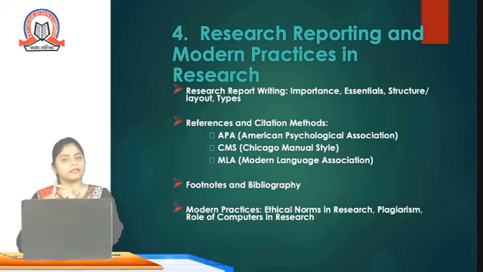So as per the higher authorities, as per the university, as per the sponsored agencies, the researchers need to make the research report. So research reporting kaise karna hai? Like University of Mumbai says that the students should present their research in the black book, golden embossing.